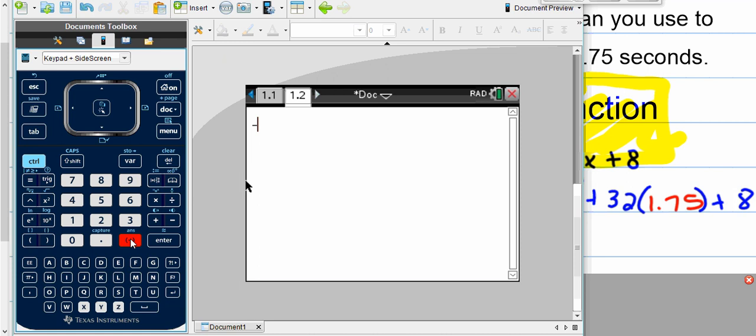Make sure you grab a negative right there, not a minus. I was trying to use my keyboard instead of the keypad of the calculator. 16, 1.75, close your parentheses, squared, plus 32, open, 1.75, close, plus 8. And if we press enter, we get 15.